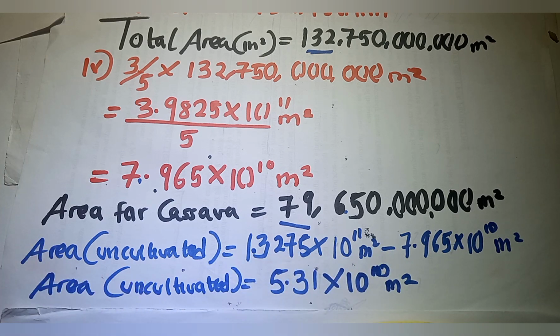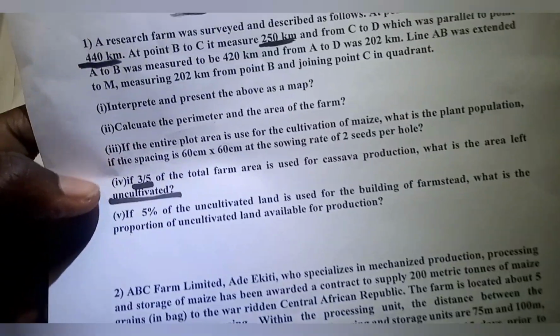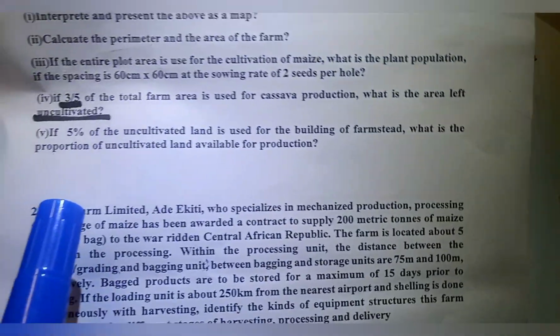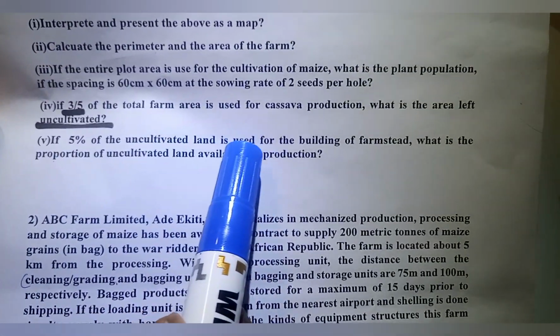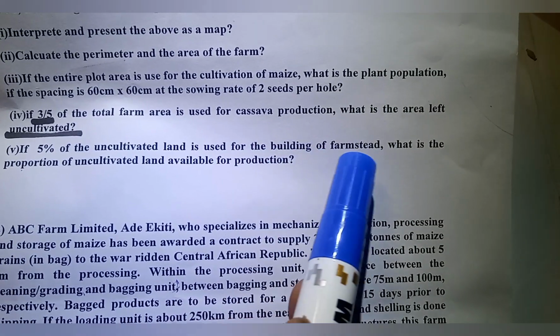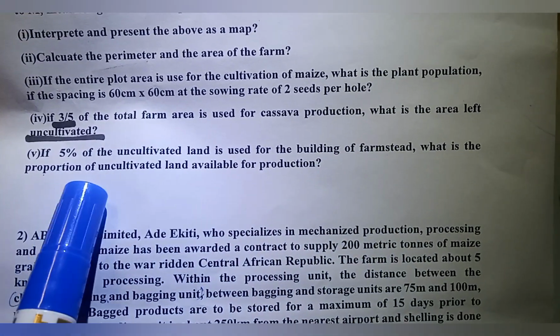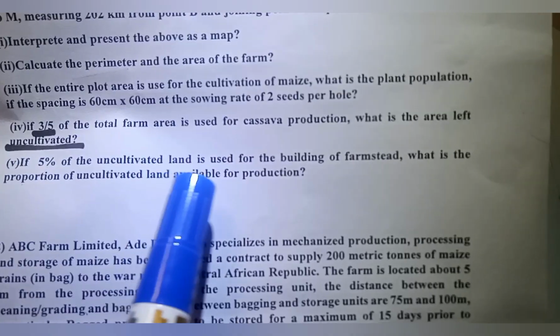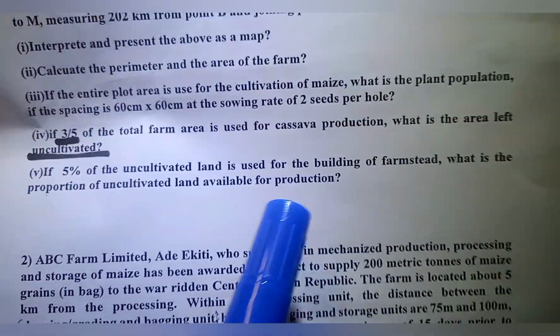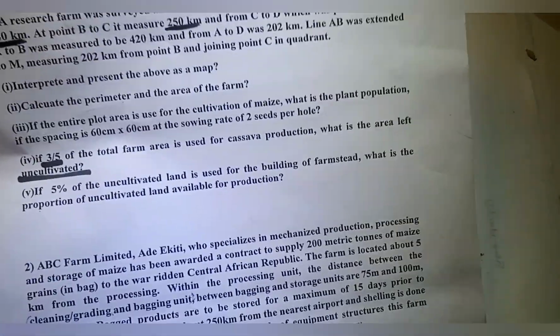Now let's proceed to question number 5. Question number 5 says, if 5% of the uncultivated land is used for building of farmstead, what is the proportion of uncultivated land available for production? Please kindly take note of the question very well.